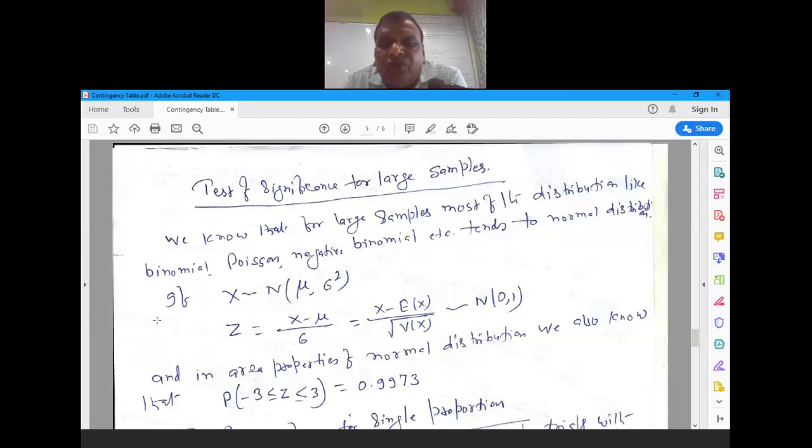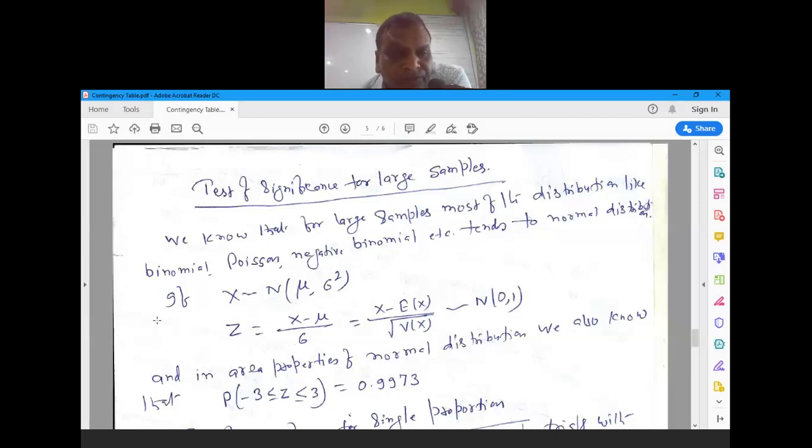We know that for large sample, most of the distributions like binomial, Poisson, negative binomial tend to normal distribution. We have already discussed in the course STAT 511 the importance of the normal probability curve, or normal distribution. So one point is that most distributions like binomial, Poisson, negative binomial tend to normal distribution for large sample.